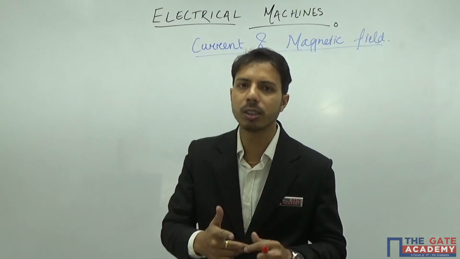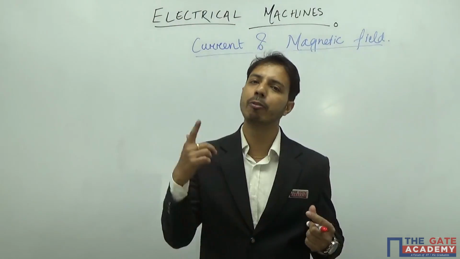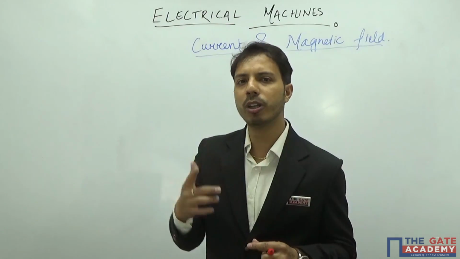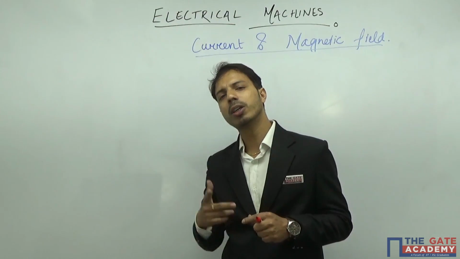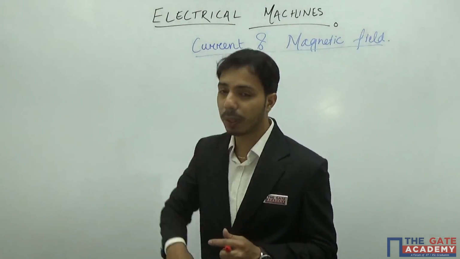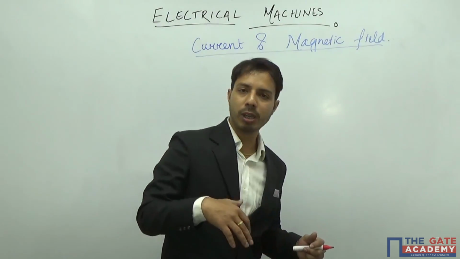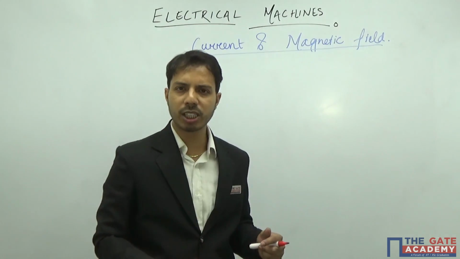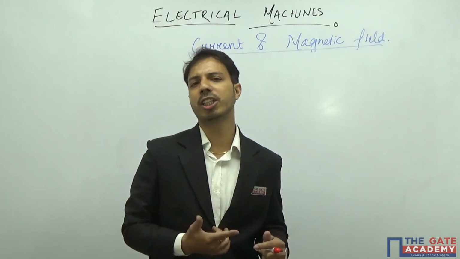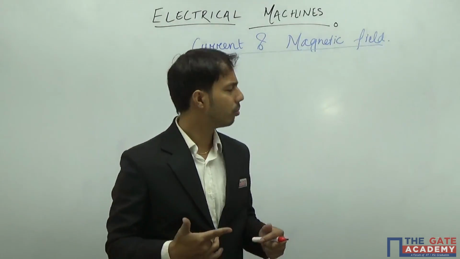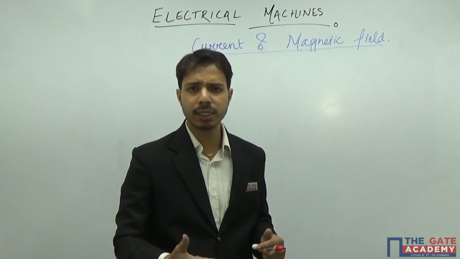We knew the direction of the field and the direction of the force, and by using Fleming's right hand rule, we found the direction of the induced EMF. In this situation, we have the direction of the current and the direction of the field, so we need the direction of the force that is generated.